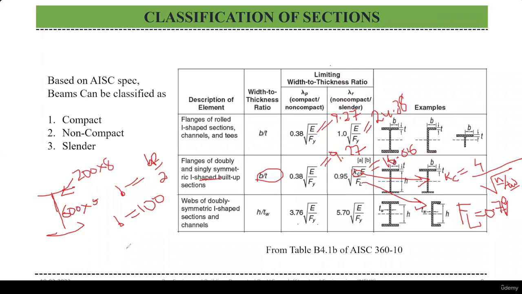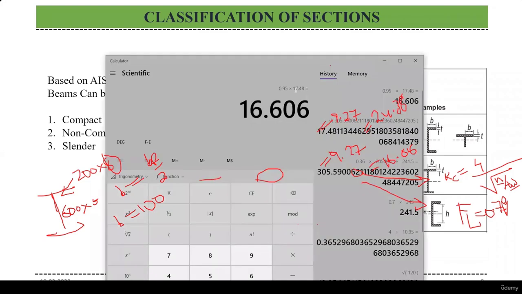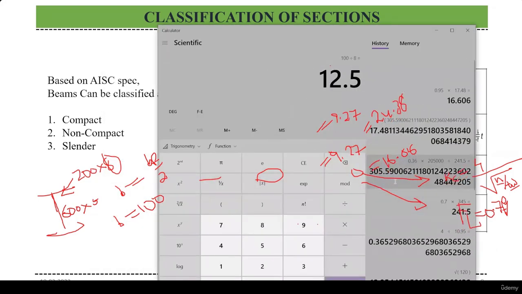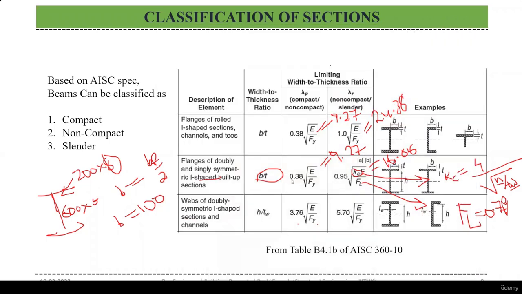So b by t is 100 by 8, where t is the thickness of the flange. 100 divided by 8 gives you 12.5. So 9.27 is the limit for compact section.